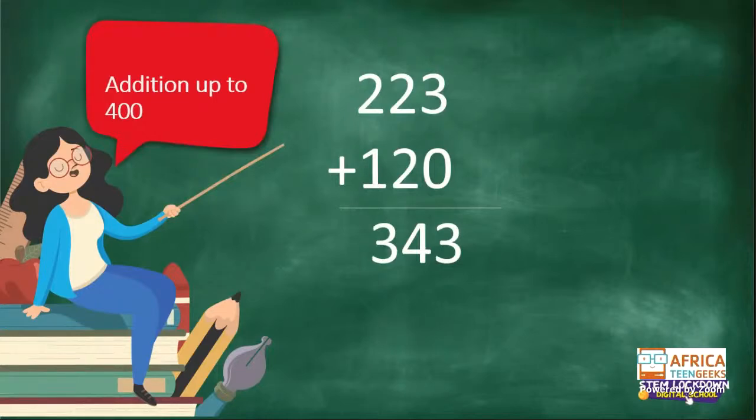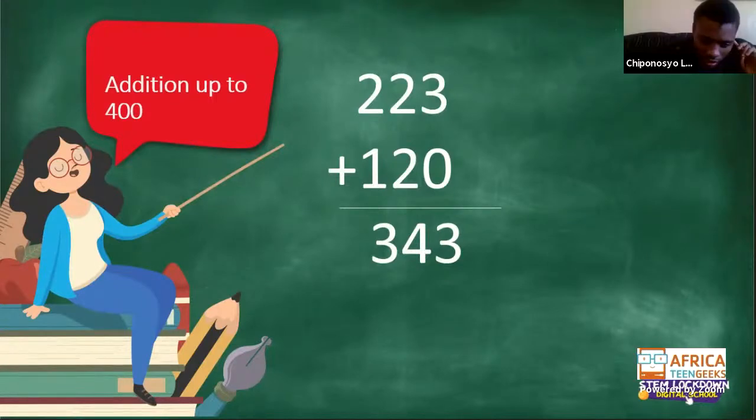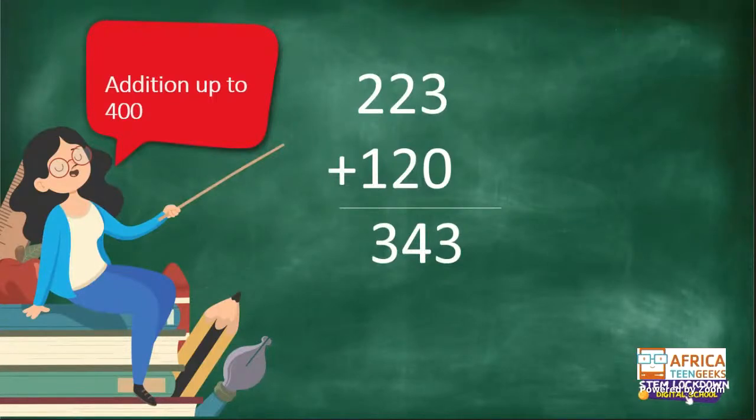Hello? Yes, me. Do you have another method for us? Yes, I do. How I got my answer was that I started to add 100 plus 200, and 20 plus 20, and 0 plus 3, and it equals 343.